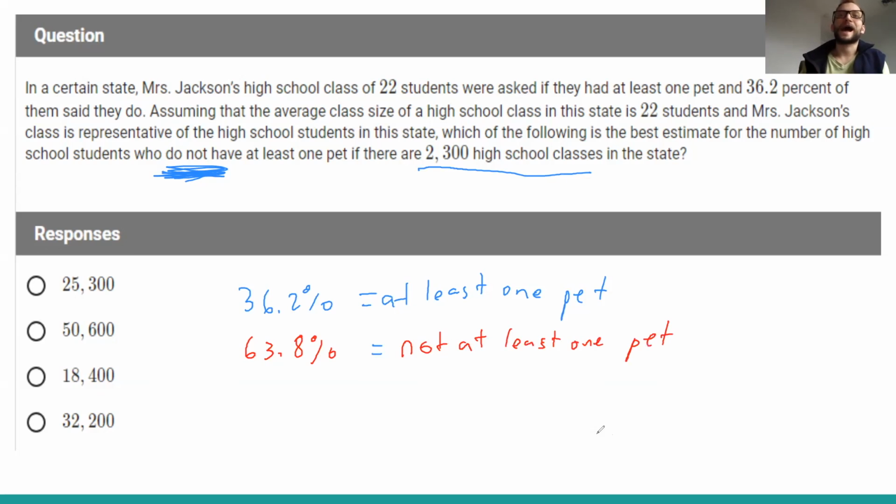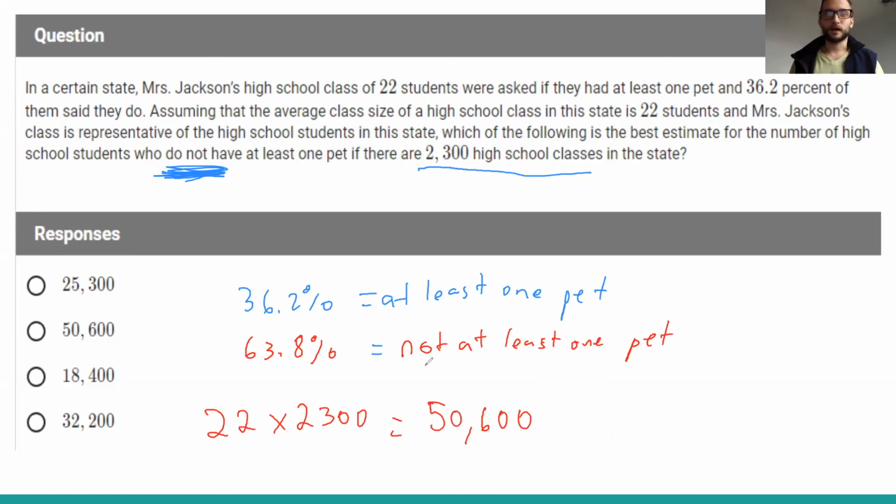And they want to know, out of all of the students in the entire state, well, we know there's an average of 22 kids per class times 2,300 classes. That's going to give me the total students. So 22 times 2,300 is 50,600, the total number of students in the state.